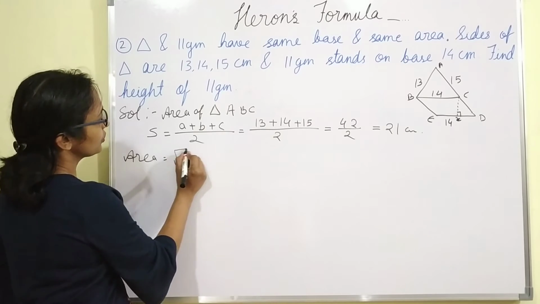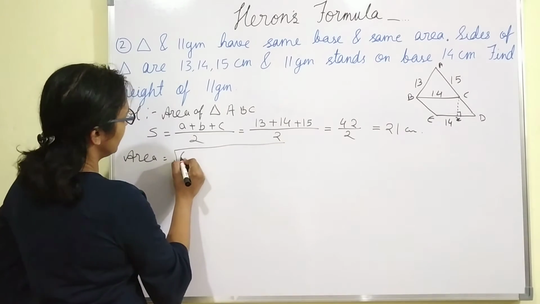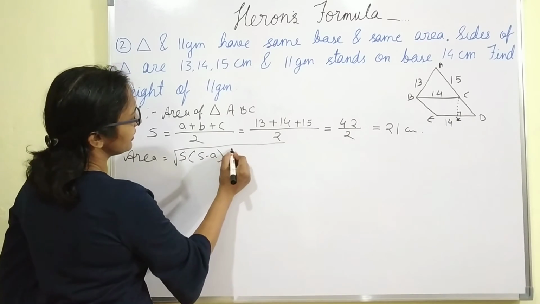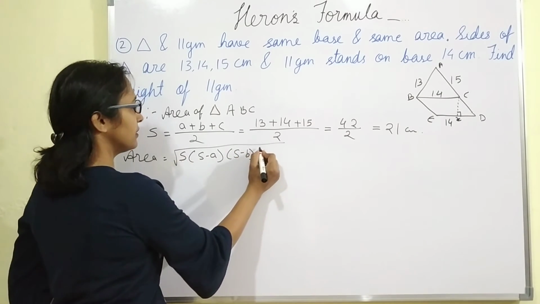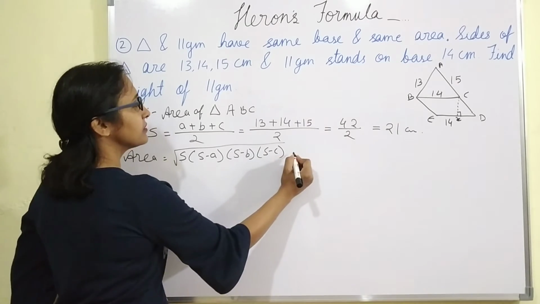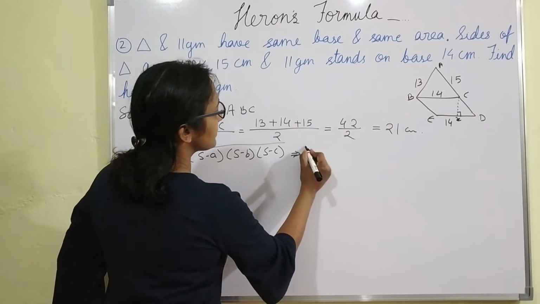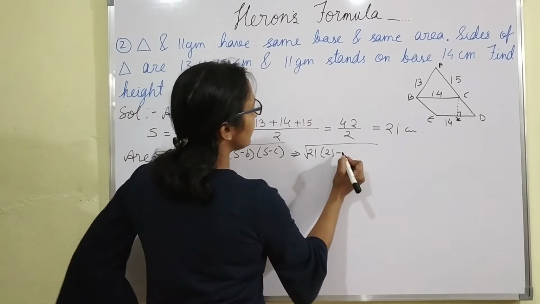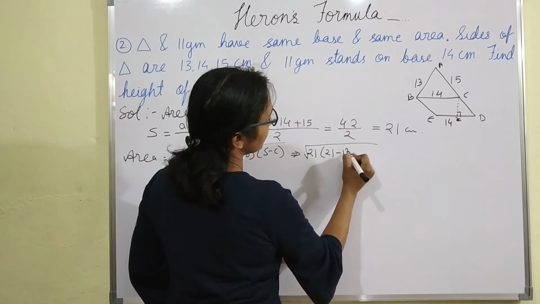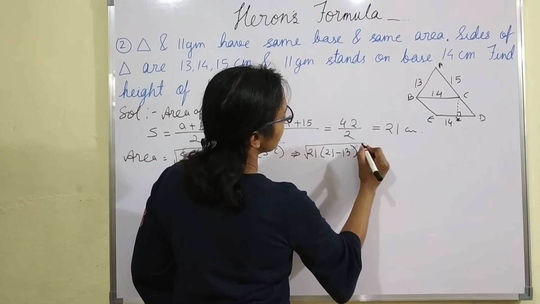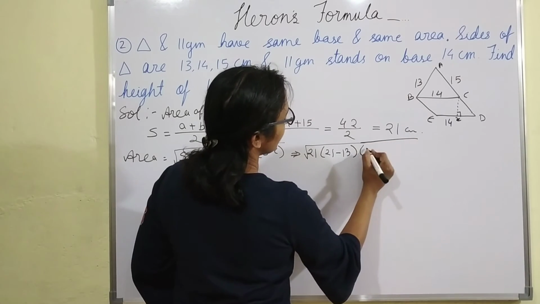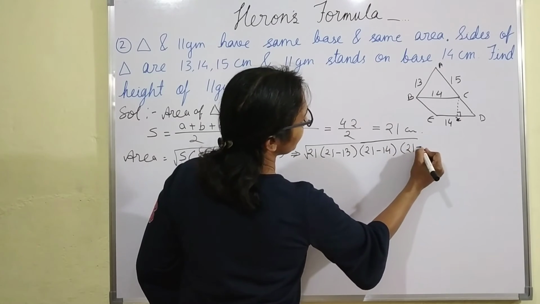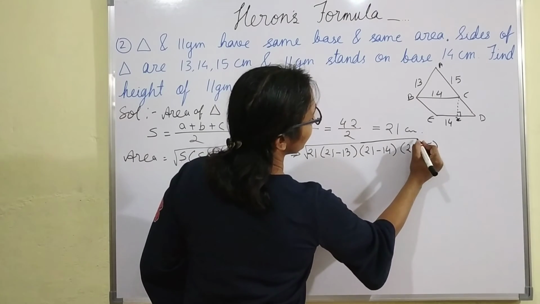Now area equals the square root of S minus A, S minus B, S minus C. That is 21 into 21 minus 13, 21 minus 14, 21 minus 15.